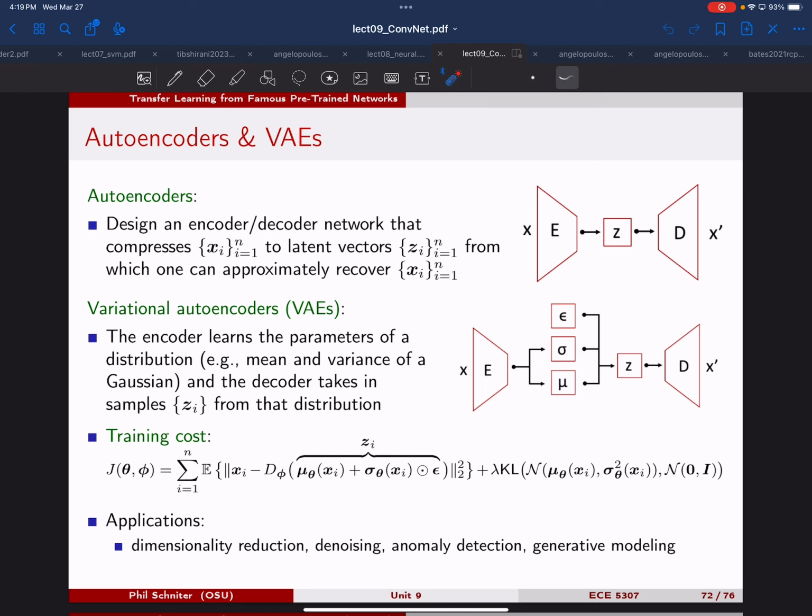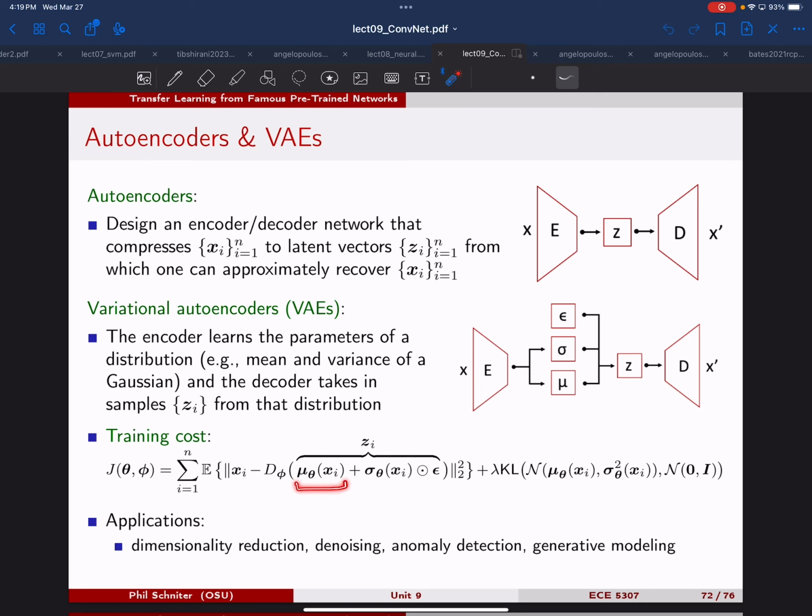In terms of how you train this, there's a few things that you want. On the left here, you can see the idea of taking in this vector of zero mean, unit variance, independent Gaussians. This is an element-wise multiply, so you're multiplying that by the particular vector of standard deviations that the encoder output for a given input xi.